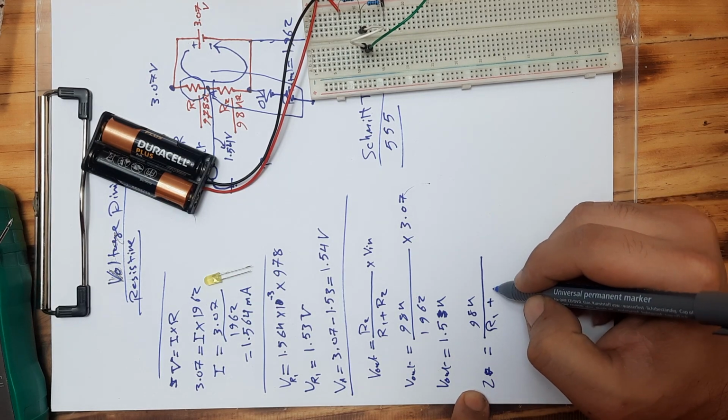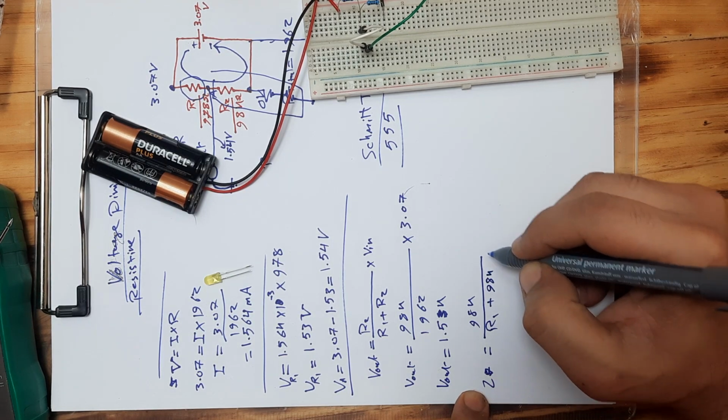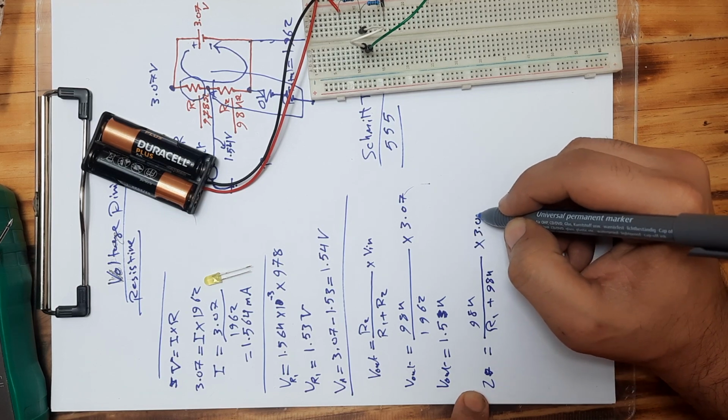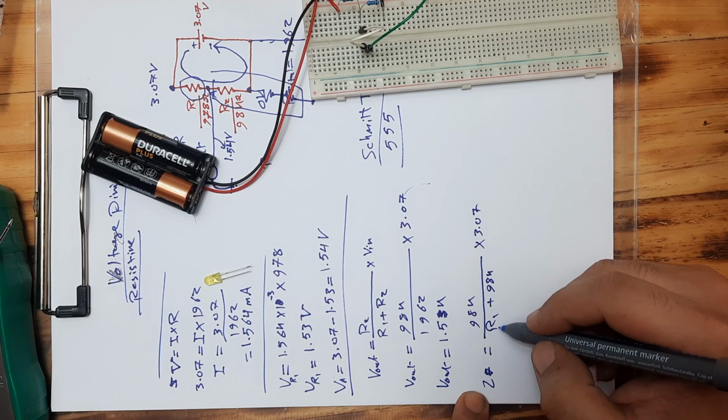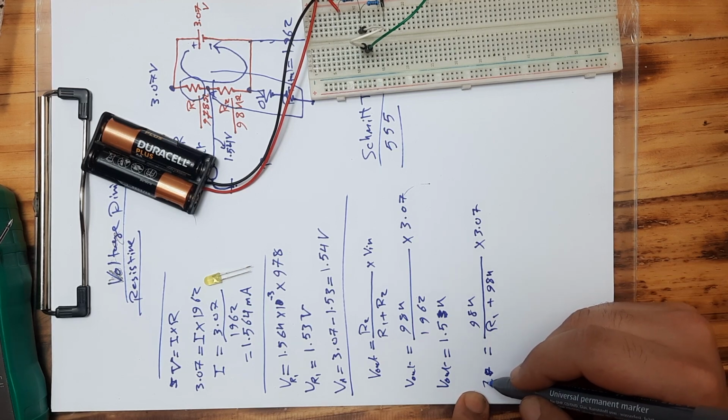Now we can solve this to find the value of R1 that will ensure we have 2 volts output.